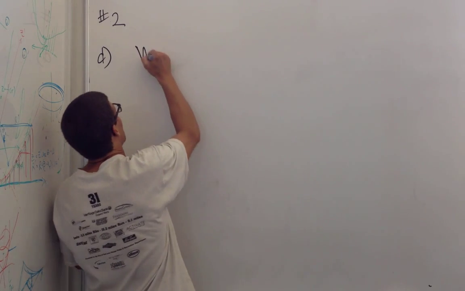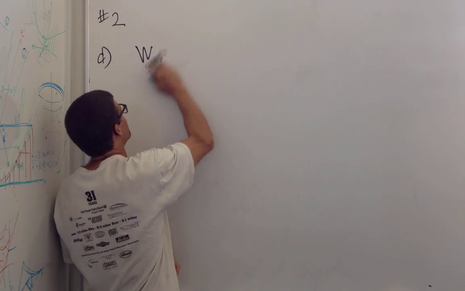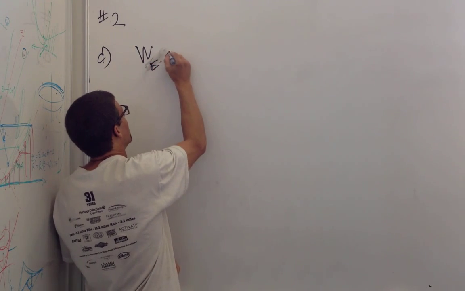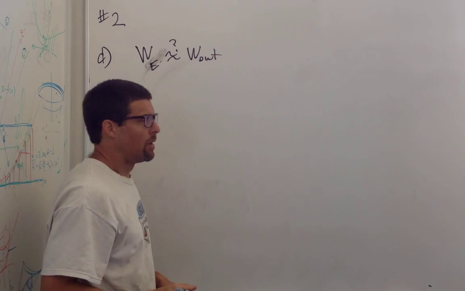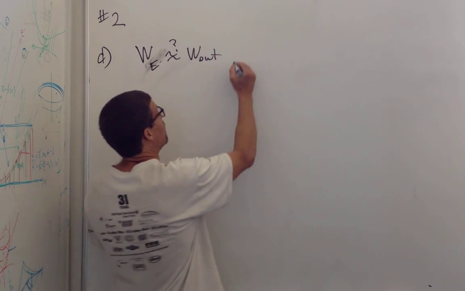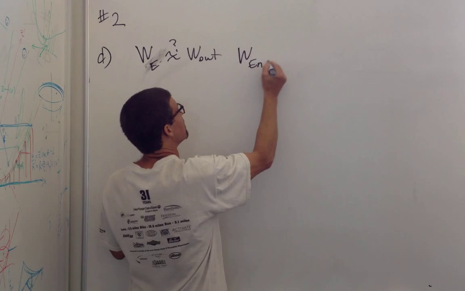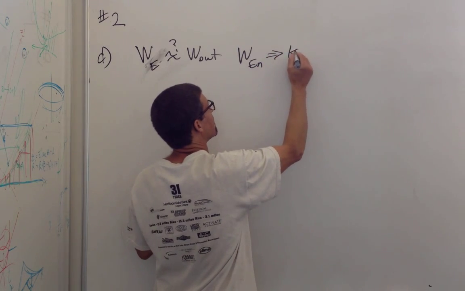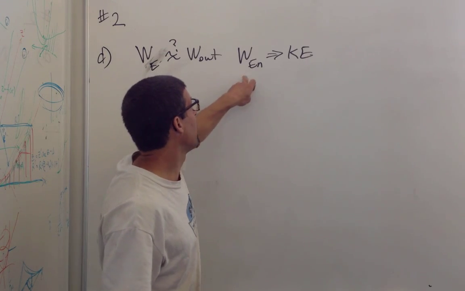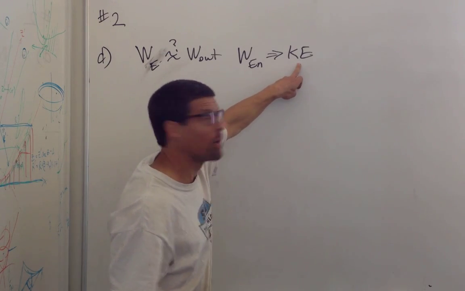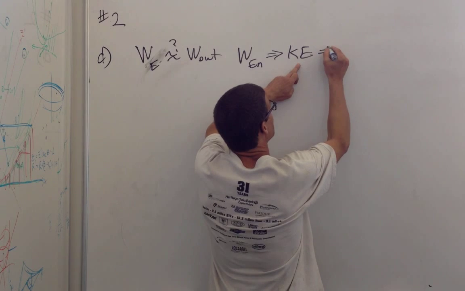In any case, that's not really what I asked you in that question. I asked you how the work in from the engine compared to the work out on the road. And so we look at the energy flow. We started from the work of the engine. That turned to kinetic energy. And I said there's no frictional losses, right? So the work of the engine turned completely to kinetic energy, and then there was a collision.